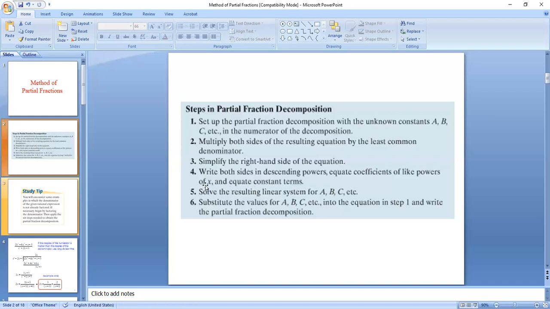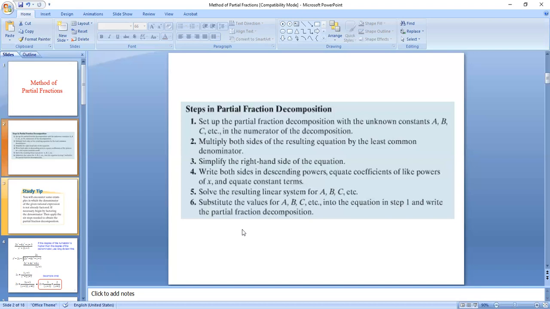This will also be shown to you later. Step 5: then solve the resulting linear system for A, B, C. And after that, step 6: the individual partial fractions will be the ones you integrate, not the original fraction, which is complex and, of course, not factored.